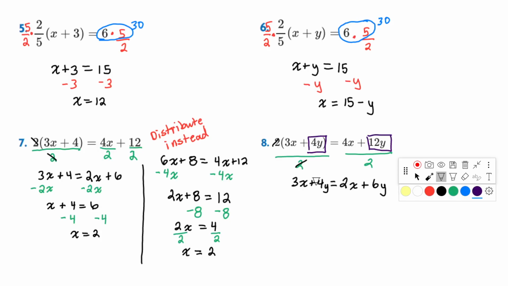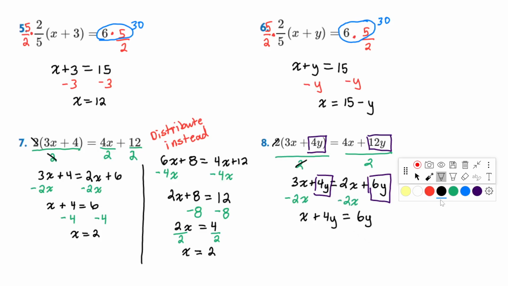Now remember, 4y and 6y are values that are just going to stay with those y's. Just like I did on number 7, I'm going to do the inverse of the smaller positive x term. So that's going to be a subtract 2x, which gives me x on the left side plus 4y equal to 6y.